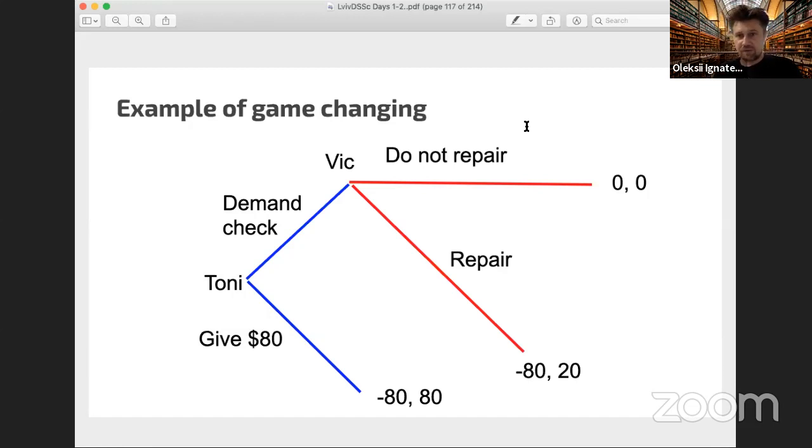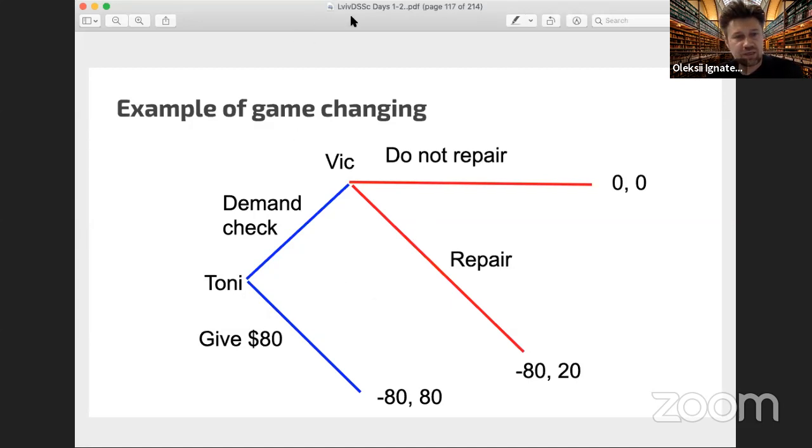So, for example, you have a game and you want some behavior, but you can't explicitly ask players to do what you want, but you can propose some intermediate move or change the game structure a little bit. Well, this is an example from a very nice book, Games in Action, by, I think, Gintis. So we have a situation.